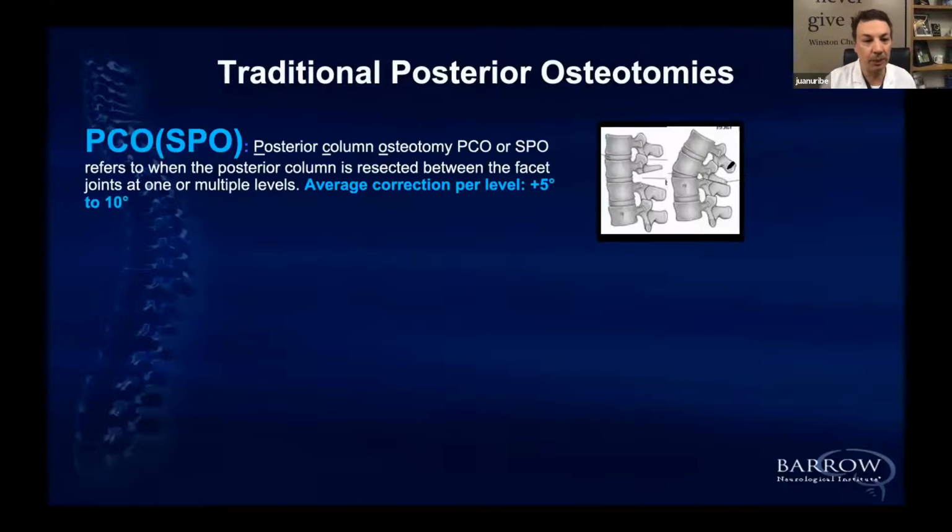I'm going to show you a little bit of what each osteotomy gives you. I present this slide a lot when we prepare for the neurosurgery boards courses, because when you get into the boards, they like to ask a lot.